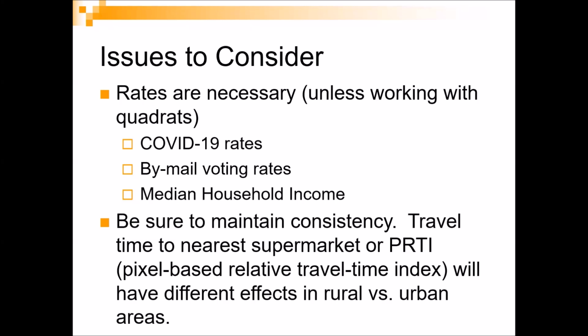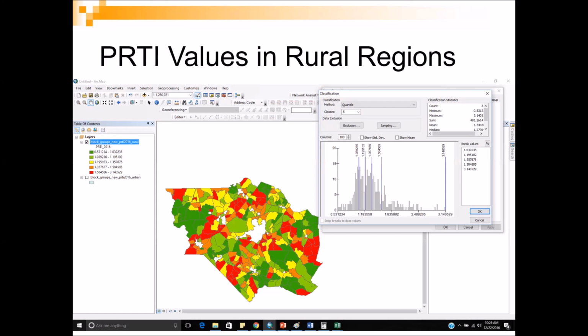It's going to impact rural versus urban a little bit differently. So this is PRTI. We don't really care too much about this, but the red areas in this map here in southeastern North Carolina are much closer to fast food than healthy food. The green areas have better access to healthy food compared to unhealthy food. And so you can see this.